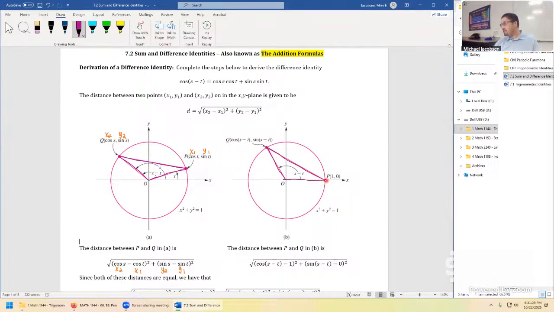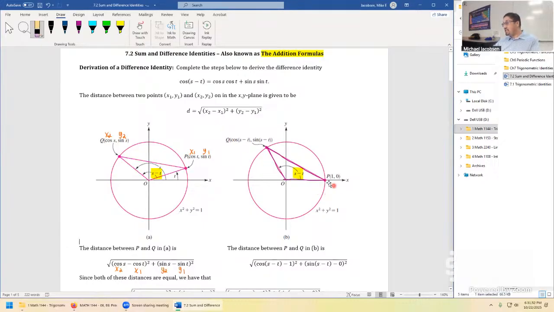So here it is. The inner angle s minus t is the same because we didn't change the lengths of any of these. We just took the whole thing, rotated clockwise by the angle t, so that this side here is now landing right here, overlapping the x-axis. So angle s minus t is exactly the same.